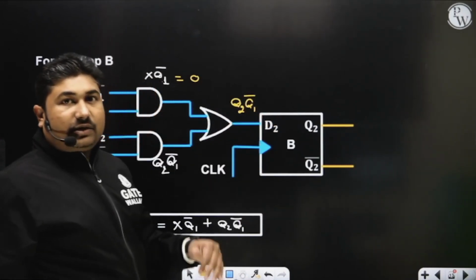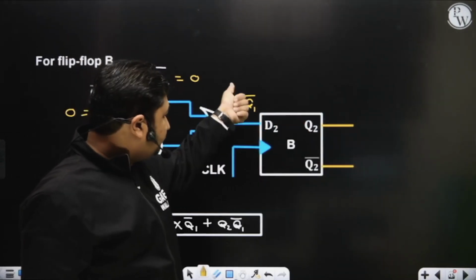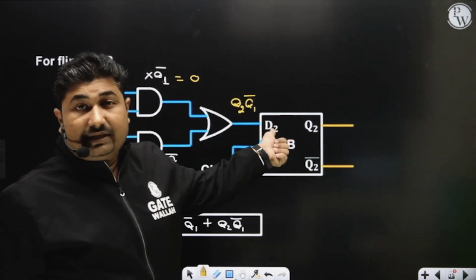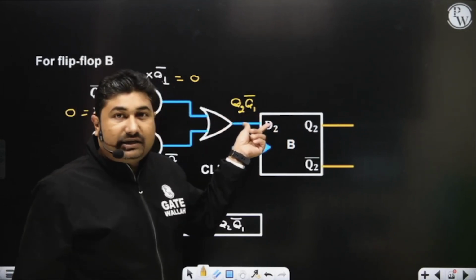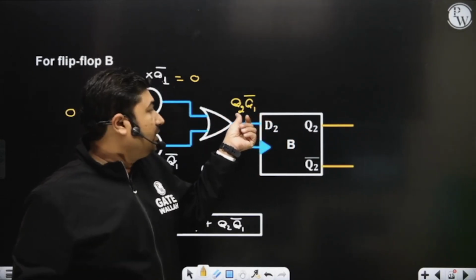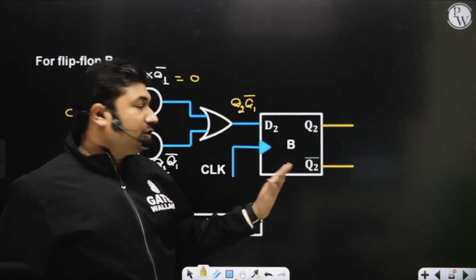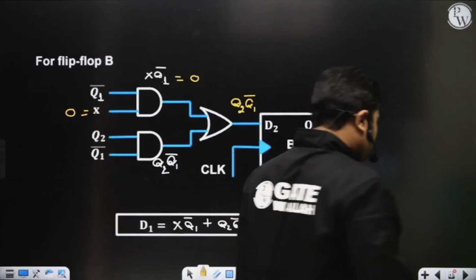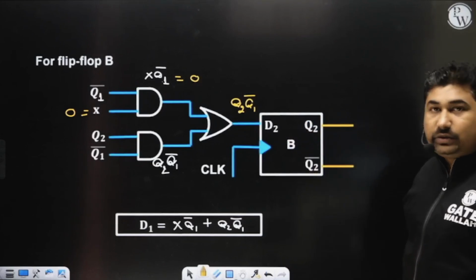It means your next state Q2 will be high only when Q2 is 1 and Q1 is 0. Is it okay? Under all other conditions, what happens? Sir, if Q2 is 0, then you will get a 0 as the next state, because a D flip-flop is a transparent latch. Whatever the input, on application of clock you will get the same onto the latch. So, sir, Q2 Q1 complement is your D2 now.